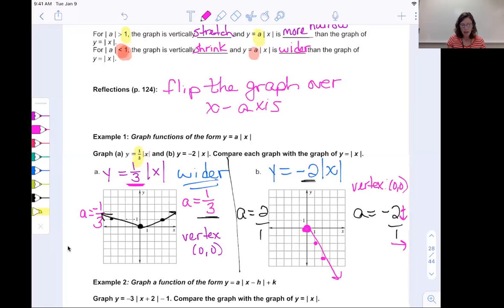My other side, I'm supposed to have a +2 and a +1. Well, that wouldn't make a V. But if I go the opposite, down 2 and backwards 1, it's still positive instead of going up and right, going down and left. So I still have a positive slope.